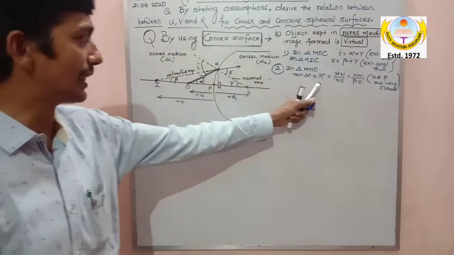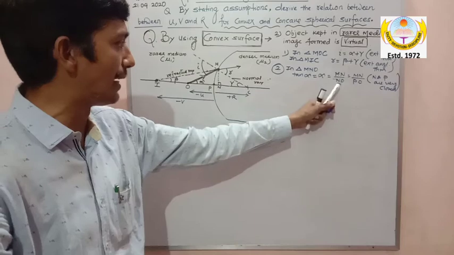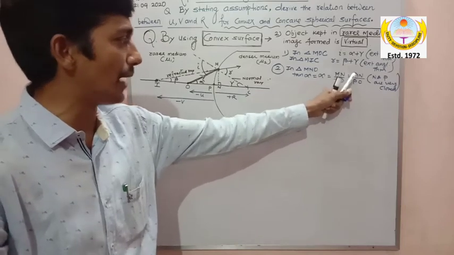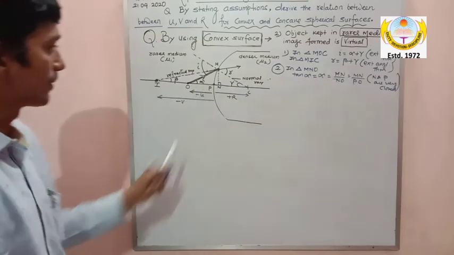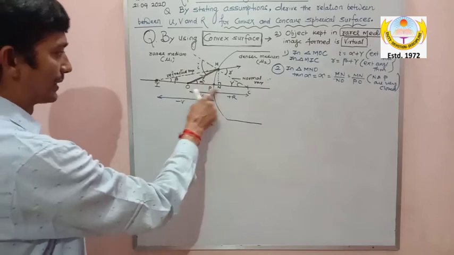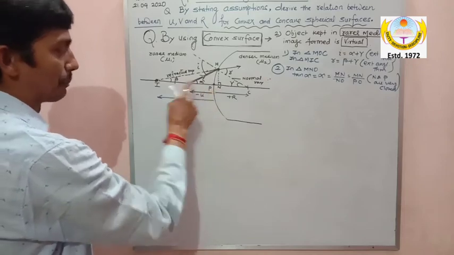So tan alpha is equal to alpha, equal to MN upon NO, which is MN upon PO.